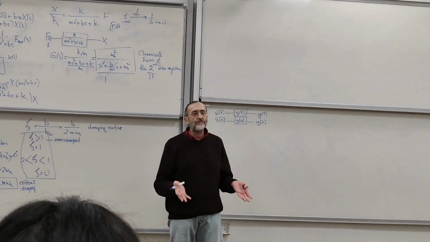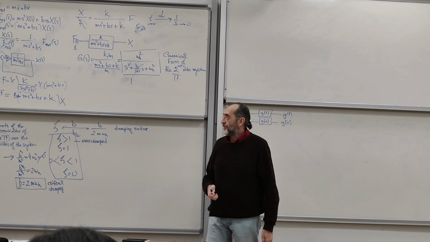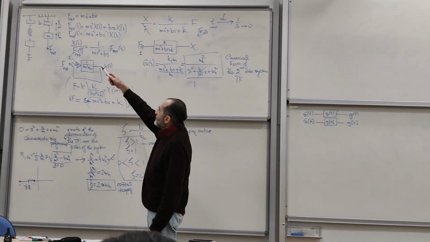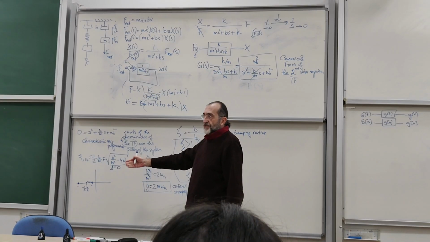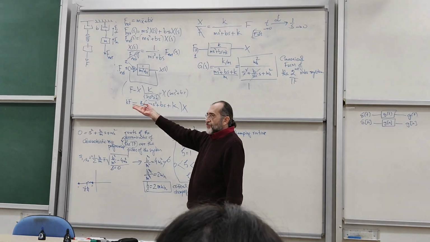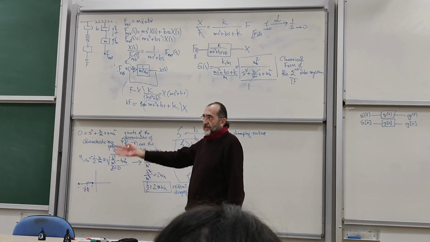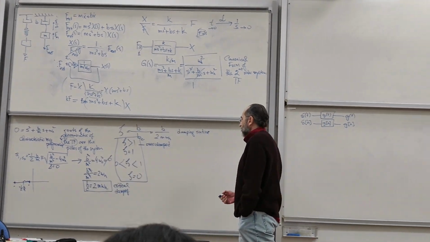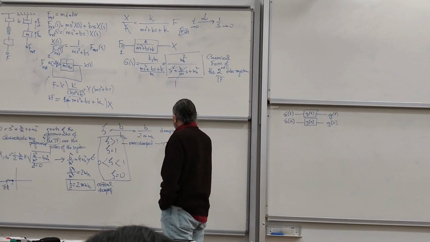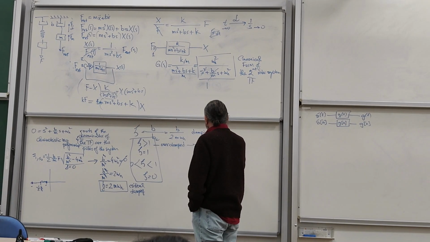It is so damped, which means that the resisting force of the damper is so high that when I pull the system, it just goes and settles. It doesn't overshoot and then oscillate. So therefore here there is no oscillations.